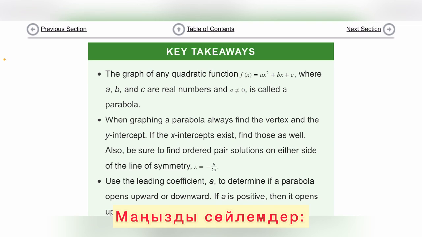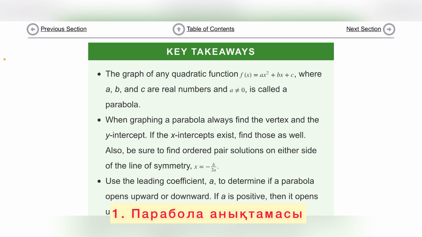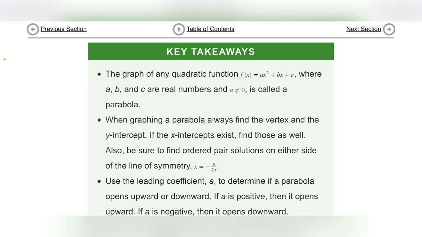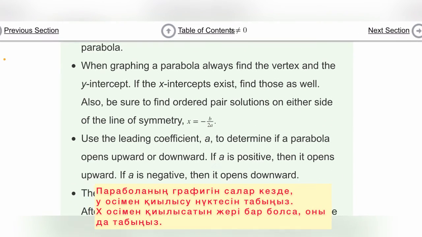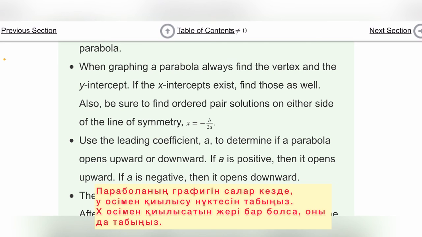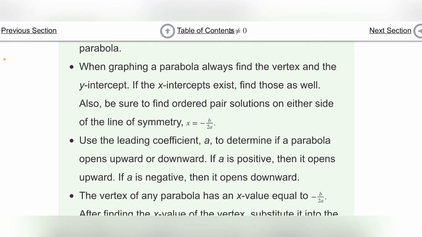Key takeaways. The graph of any quadratic function, where a, b, c are real numbers and a is not equal to 0, is called a parabola. When graphing a parabola, always find the vertex and the y-intercept. If the x-intercepts exist, find those as well.